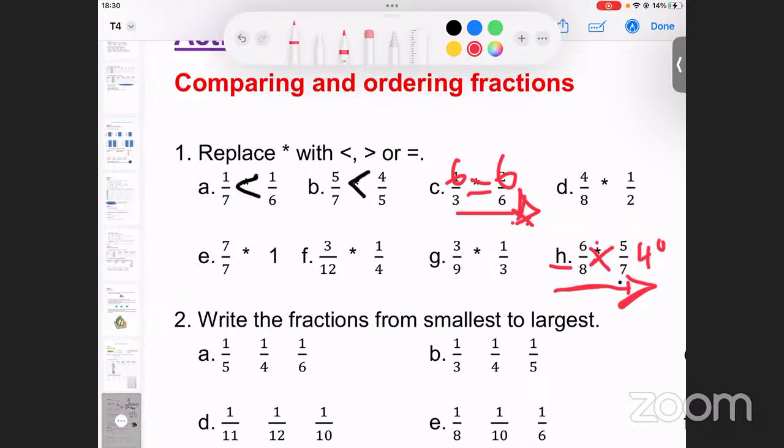If you put that on your calculator and convert it to decimal, you should have 0.5 for that, and for 1 over 2, you should have 0.5 as well. Which one is bigger than the other one?